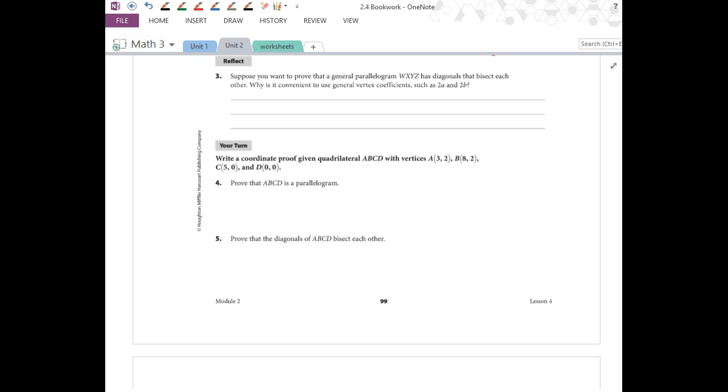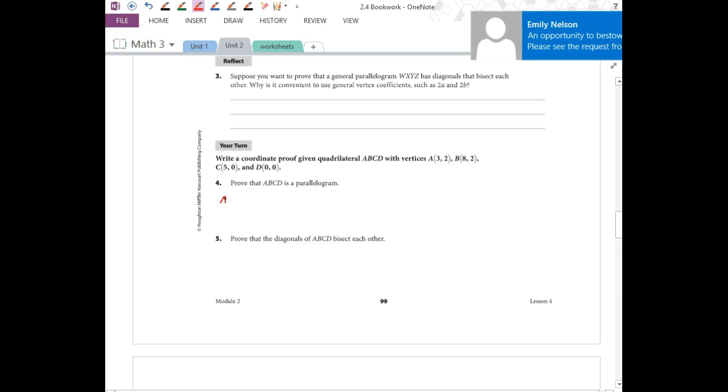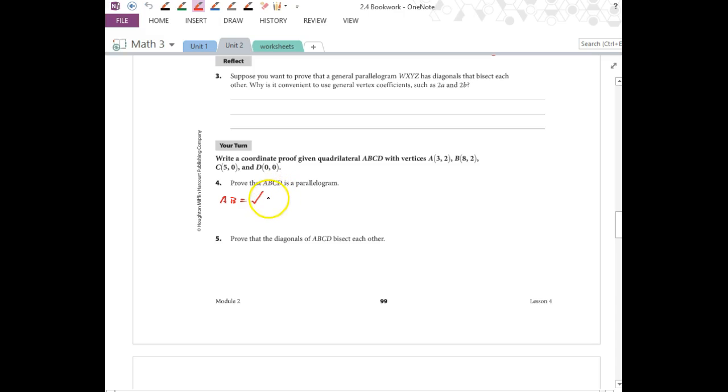Okay, so what do we do first? We gotta find AB. So we're going to do distance. From A to B, we'd have the change in x. So 3 minus 8. And then the change in y's, 2 minus 2 squared.